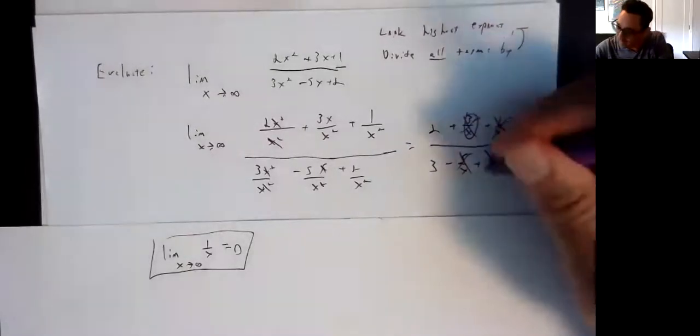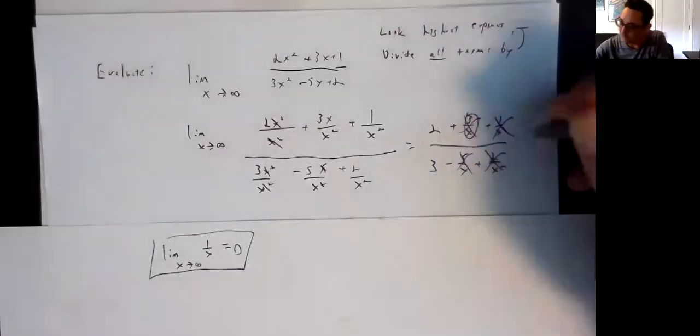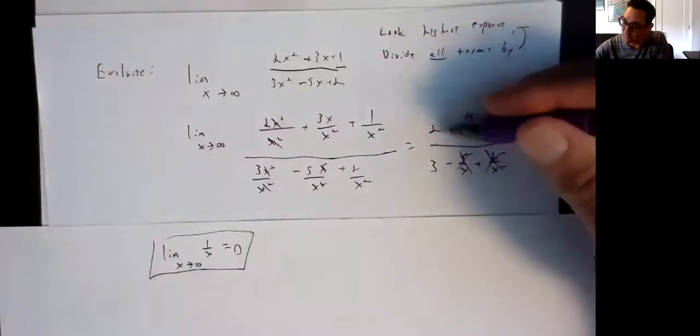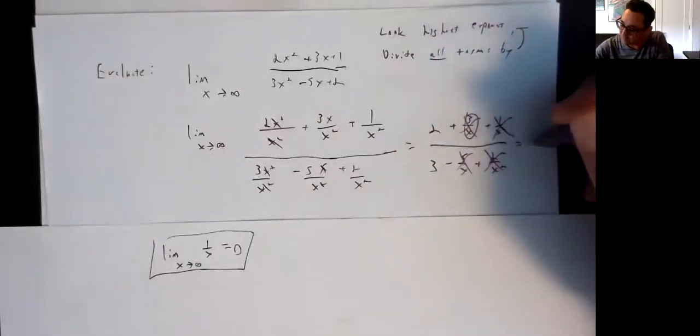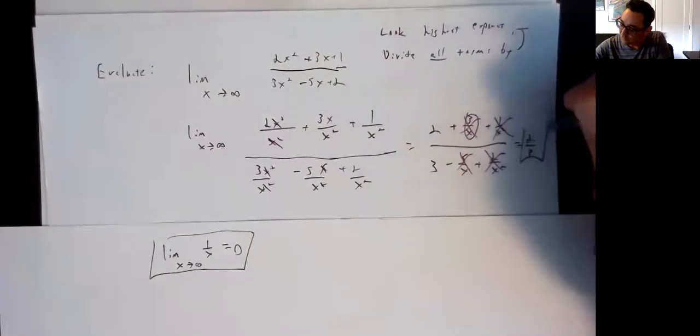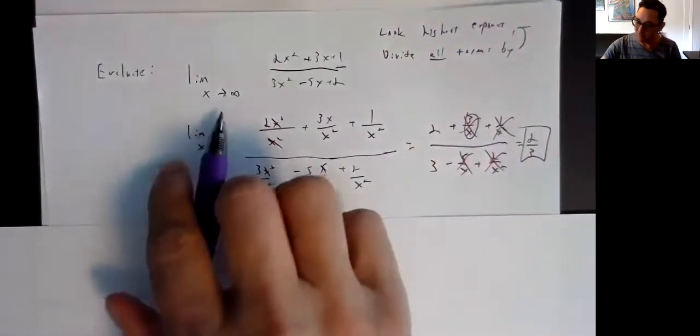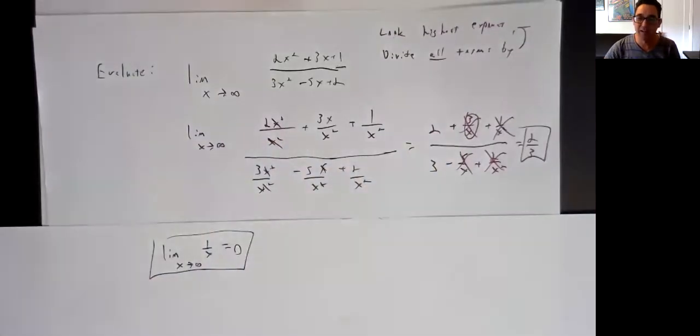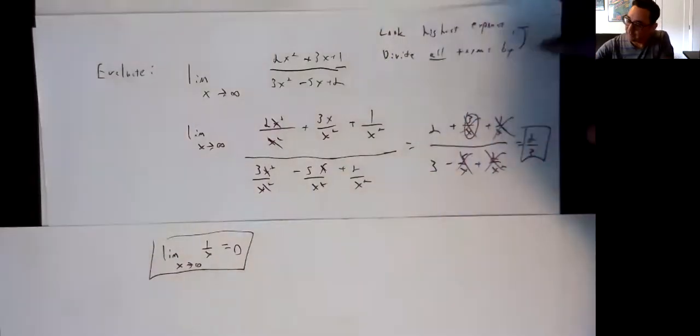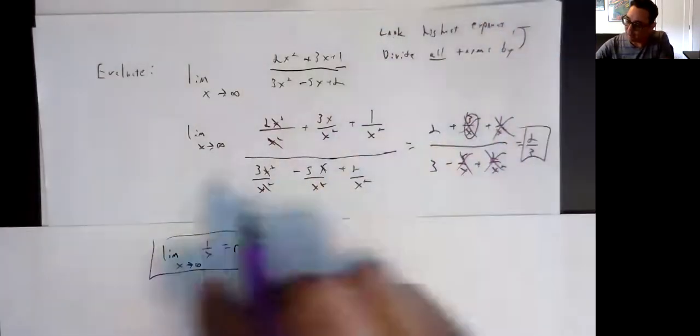It goes away. And this part becomes 0 and it goes away. The only parts that didn't have 0 were 2 on the top and 3 on the bottom. So that's just the fraction 2/3, and that's my answer, right? That is the limit of this as x goes to infinity. The limit is 2/3. Okay, so I divided everything by the highest exponent.